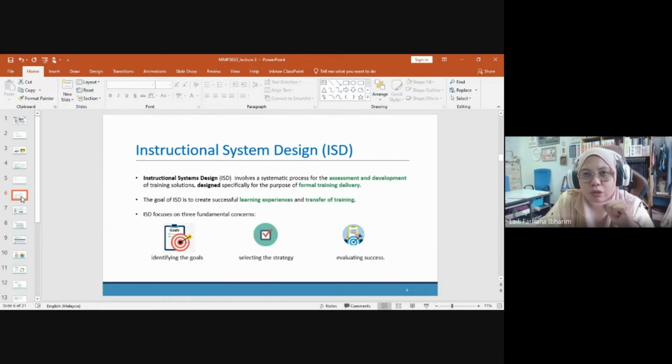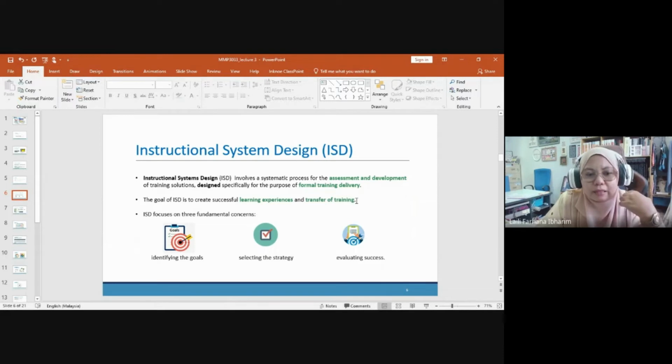When we want to design our class for formal class or formal training, we have to follow some of the instructional system design. The goal of ISD is to create a successful learning experience and transfer of training. So we want to make our class more effective, so our students can get real experience when they attend our class.